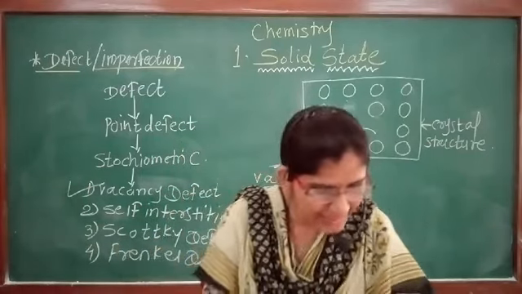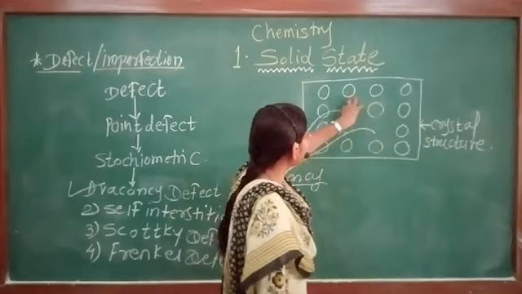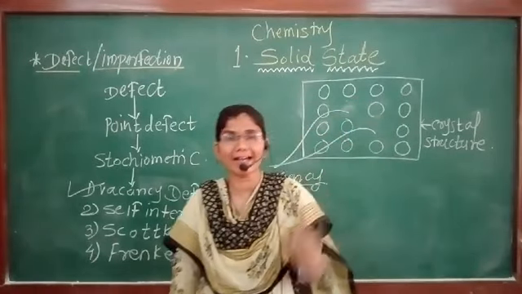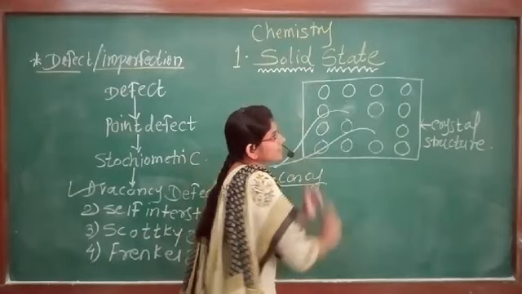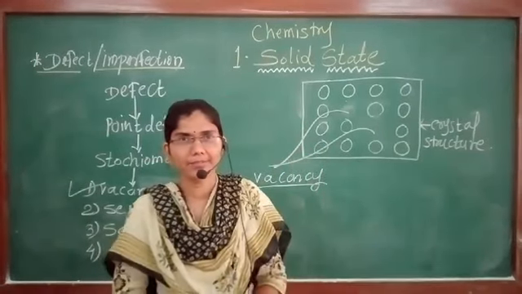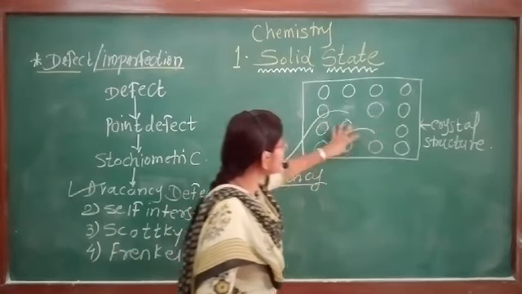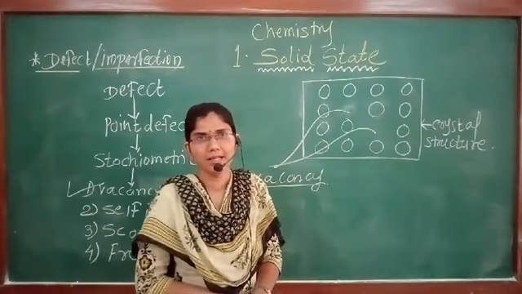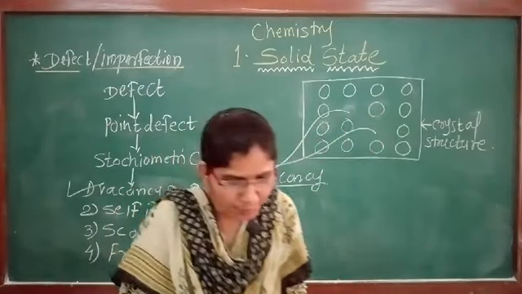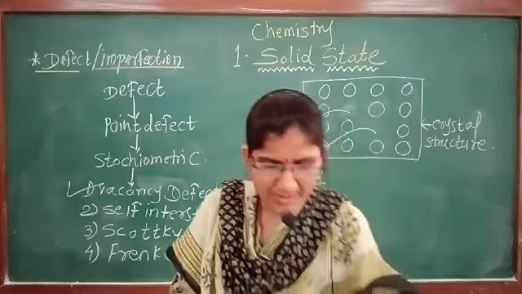In the vacancy defect, due to the absence of particles, they create a vacancy, and therefore the mass of this crystal structure decreases, because the vacancy is produced in the crystal structure due to the absence of these particles, and therefore the mass of the substance decreases.